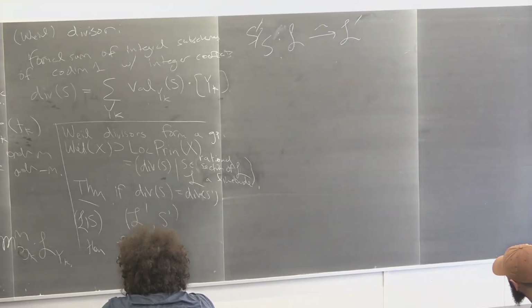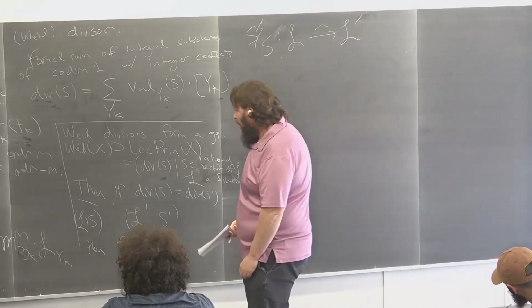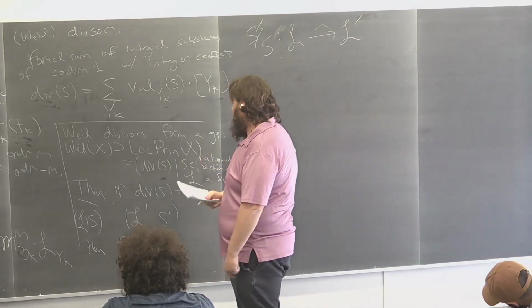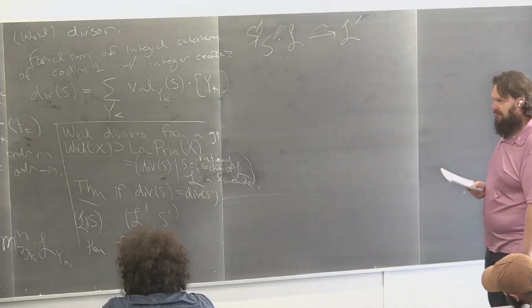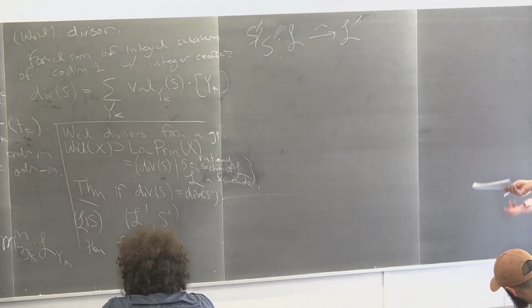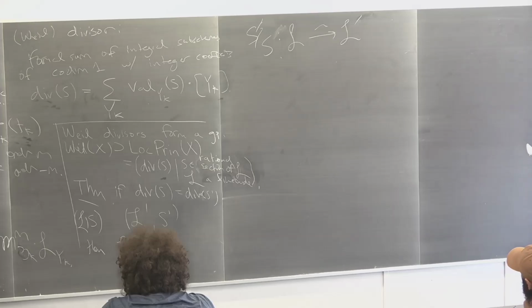Okay, so that's pretty good, right? This tells us that we can always construct line bundles by looking at locally principal divisors and saying, oh, well, any section that this is the divisor of will give me my line bundle.